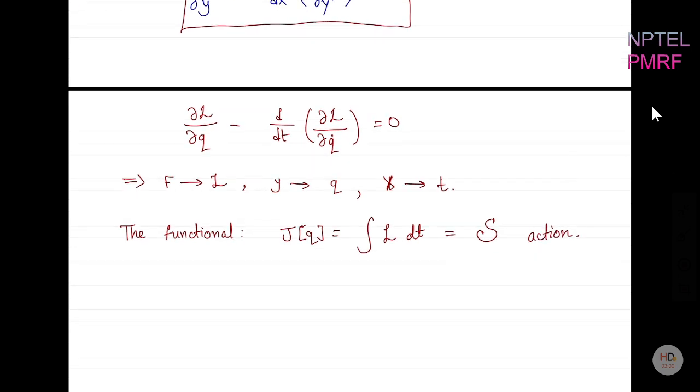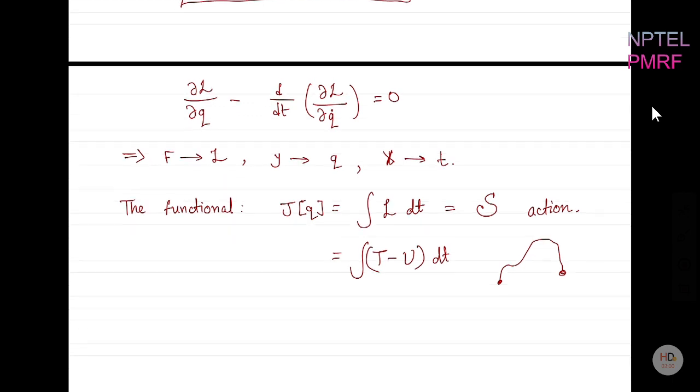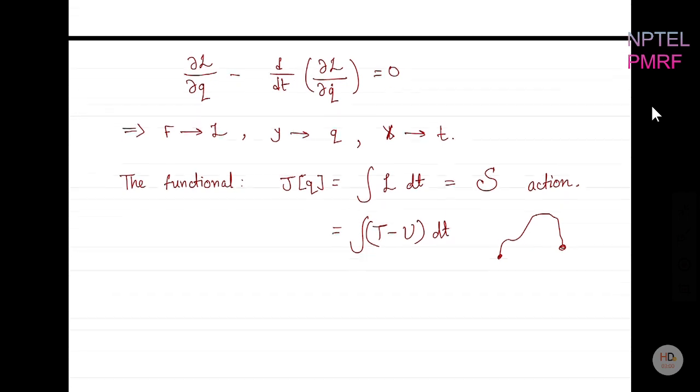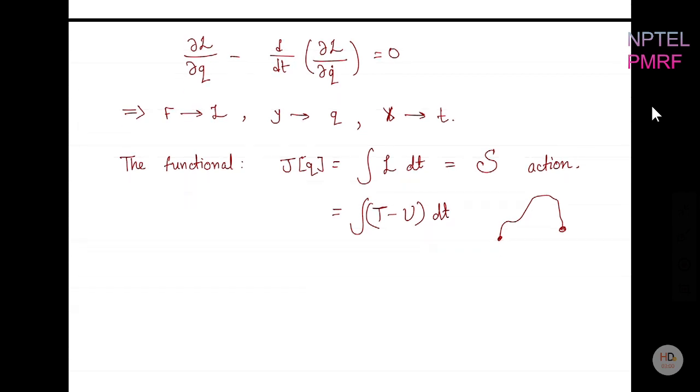So a very general principle is that since the Lagrangian is T minus U, if you throw a stone somewhere and it goes somewhere, it takes the path along which the average value of kinetic energy minus the potential energy is minimum. And you can think about why this should be the case. This is called Hamilton's principle.